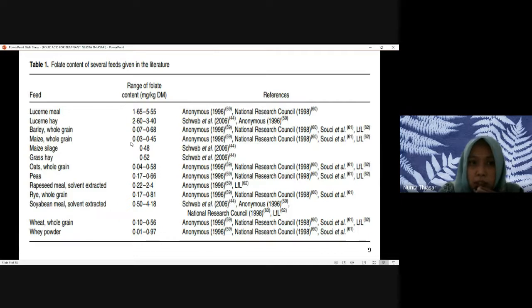So even though the hay has quite a high content of folate, in the rumen, the bacteria has the ability to synthesize the vitamin B. To produce vitamin B9 or folate, the bacteria need carbohydrate, which is very easily used by the bacteria from the concentrate. So because of that, if we give more concentrate, the supply of carbohydrate will be enough for the bacteria to synthesize vitamin B9 or folate.